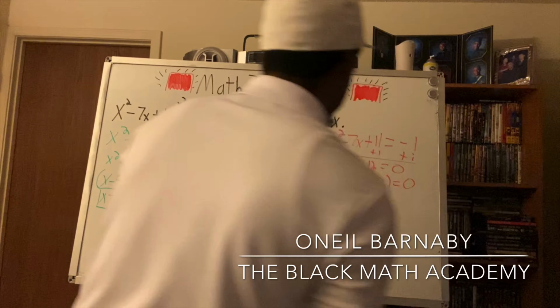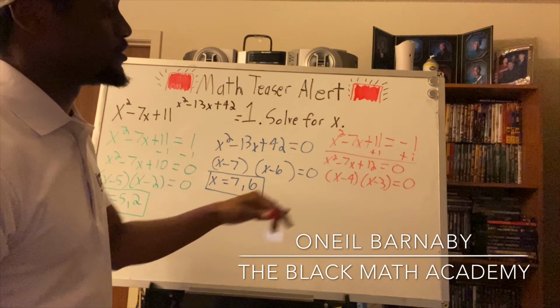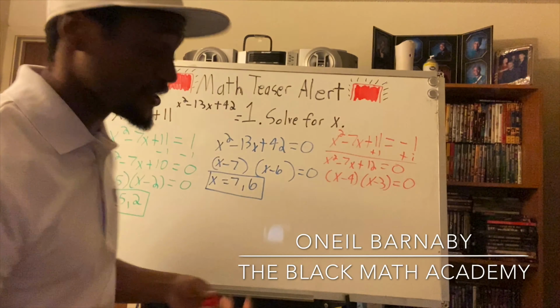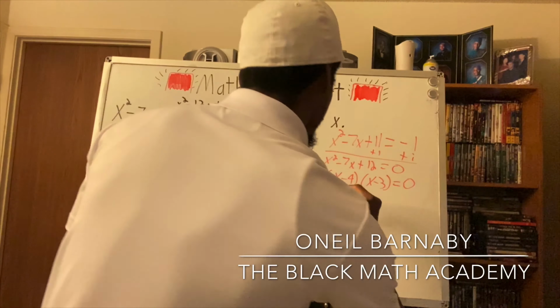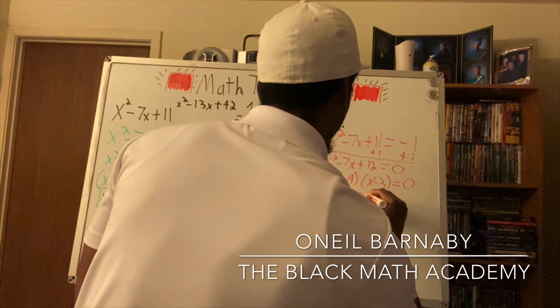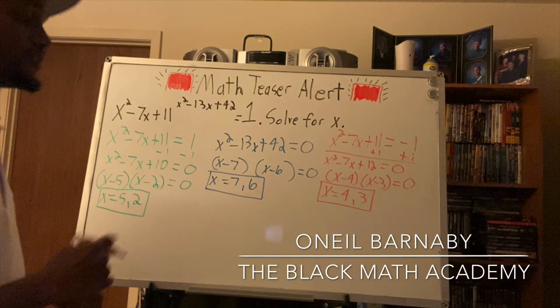equaling 0. And again, we apply the zero product rule, which means that the values of x are going to be just the opposite values of the numbers in the inside. So x would be equal to 4 and 3. And these would be the values of x.